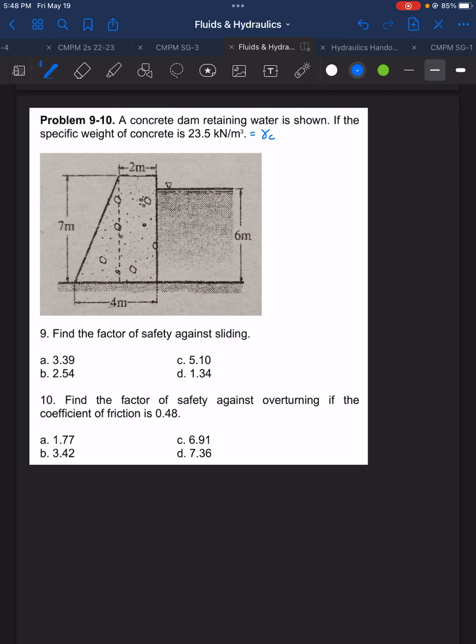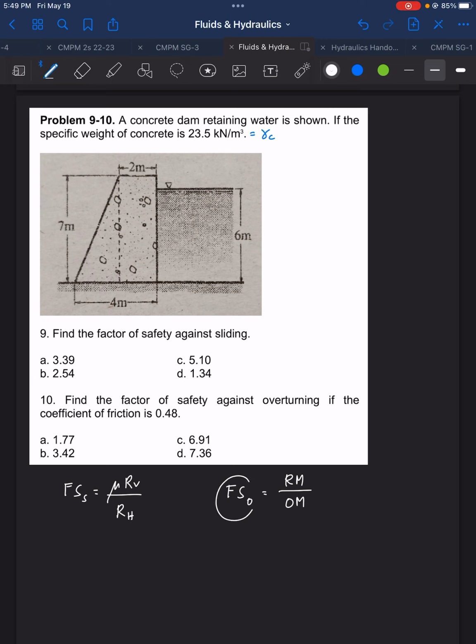kilonewton per cubic meter. Remember that for the factor of safety against sliding, the formula is mu RB over RH, right? And for factor of safety against overturning, we have righting moment over the overturning moment.